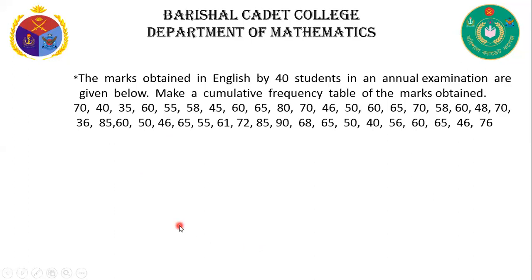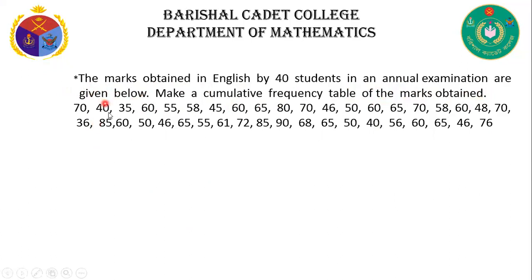Now let us try to solve some problems, then it will be clear to you all. Here it is given that the marks obtained in English by 40 students in an annual examination are given below. Make a cumulative frequency table of the marks obtained.